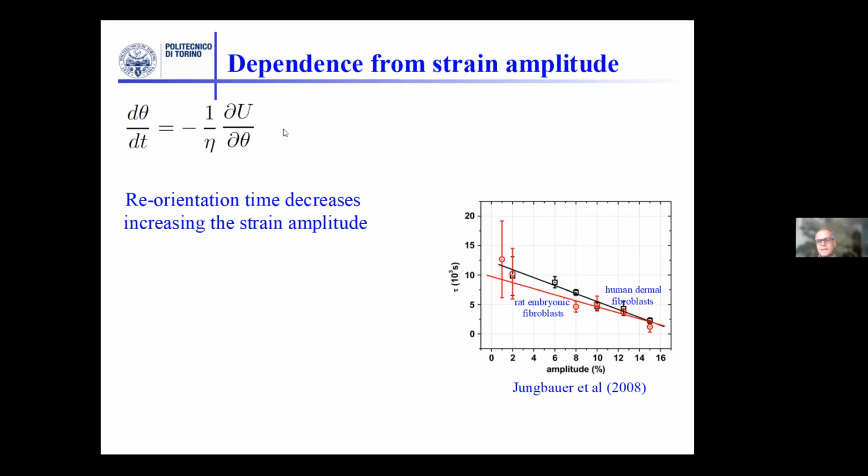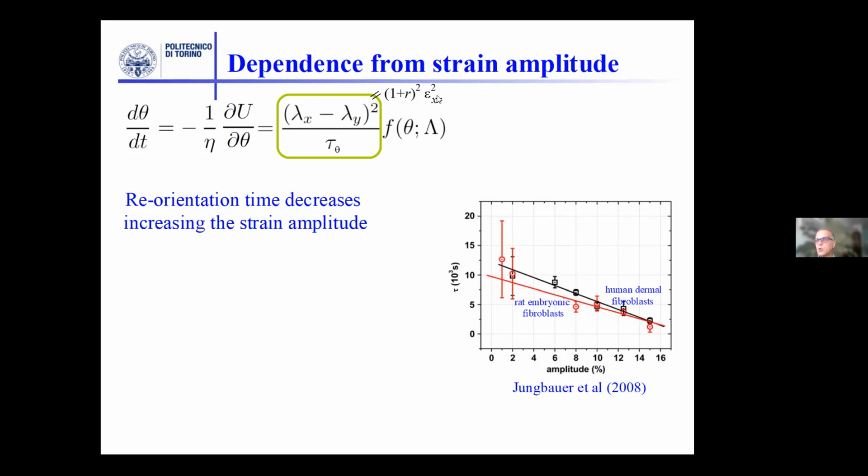This can already be guessed from this equation, because you have a term proportional to 1 plus R, and R is fixed. A term that depends on theta and on R, lambda and R are more or less the same. But there is this term here, epsilon xx squared. So it means that if you increase epsilon xx, the characteristic time tau will decrease.